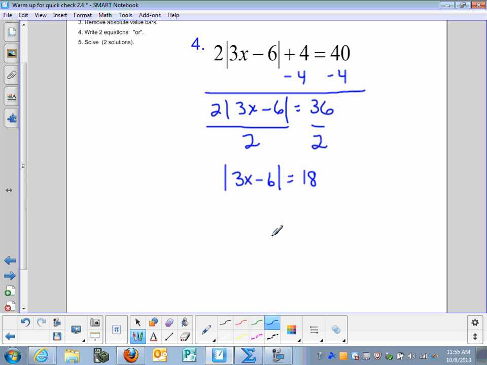Step 2, we're going to check that the isolated absolute value sign is equal to a positive number. It is. We're going to remove the bars and write two equations, because 3x minus 6 can equal 18, or 3x minus 6 can equal negative 18.